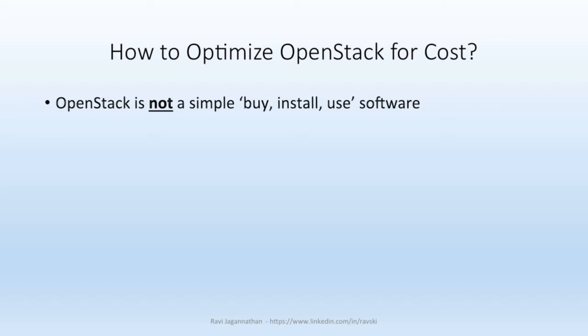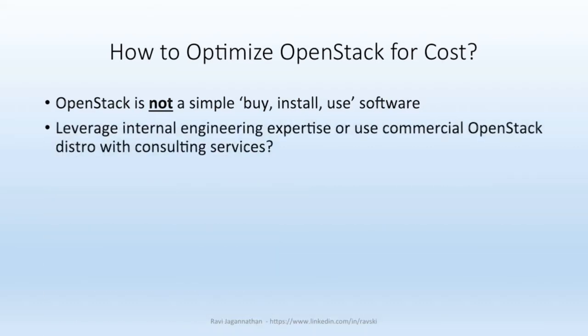So it's not just buy, install, and use. Even after buying, do you use your internal engineering expertise, or do you need consulting services from the distro vendor that you bought from? There are more dollars that they want from you, or you need to spend, than just paying for the software. So that's another thing, the cost involved.